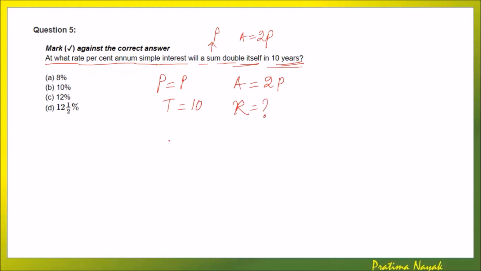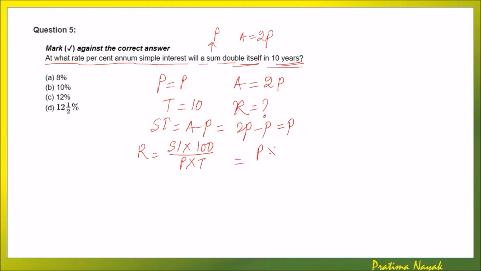So find out your simple interest. Simple interest is equal to amount minus principal. So 2P minus P. How much is it? This is P. Now go for the formula for rate. Rate is equal to how much? SI multiplied by 100 upon P into T. So SI is how much?